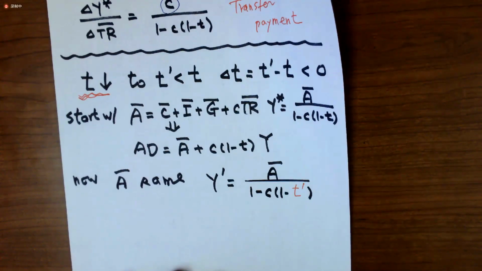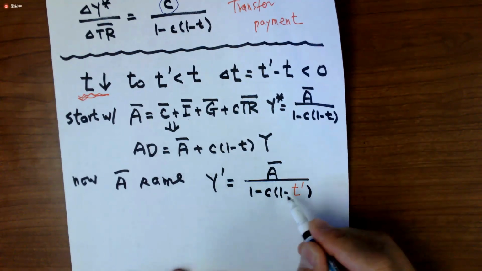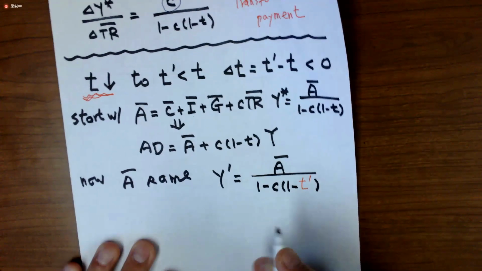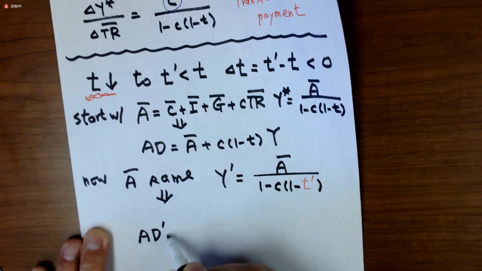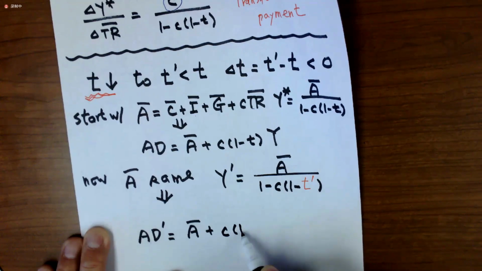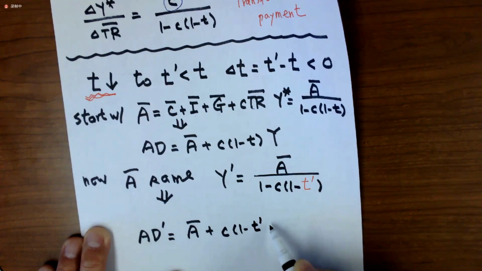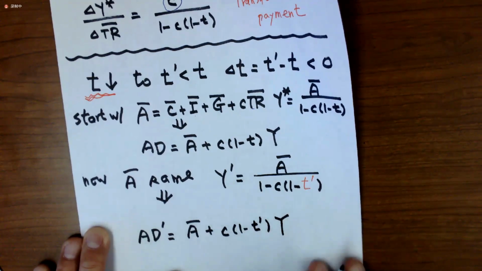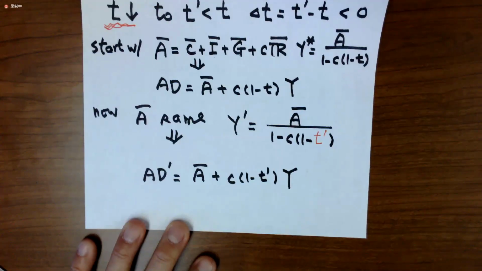And then, at the same time, my new aggregate demand schedule is A bar plus C, 1 minus T prime, Y. Agree? Yes.